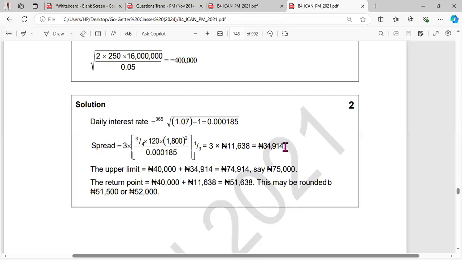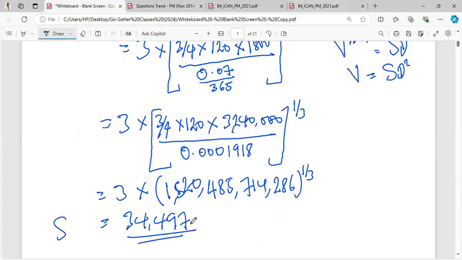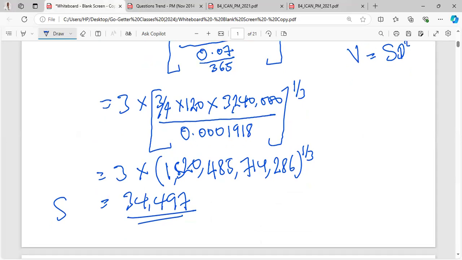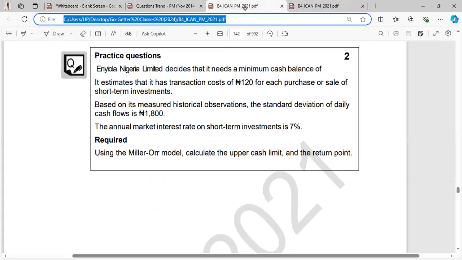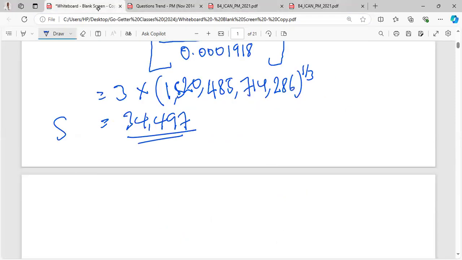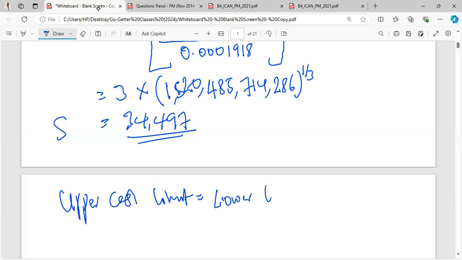We have 34914. We have 34497. It's not a bad thing. We did the same thing. It's just rounding error. It's all approximation error. So it means that if we are told to look for the upper cash limit, so it means that upper cash limit is equal to lower limit plus spread.